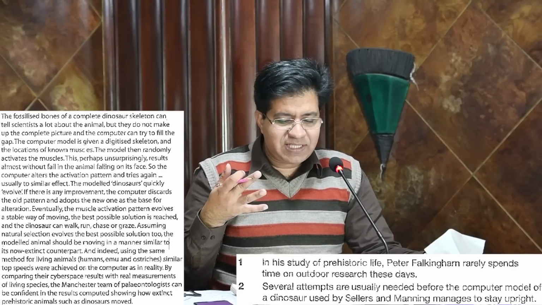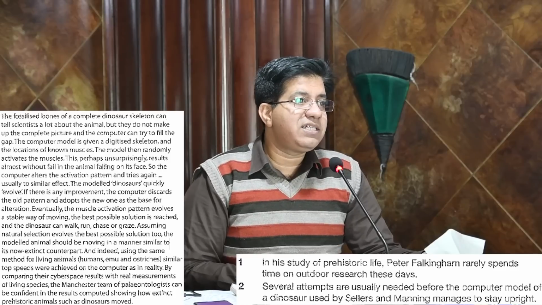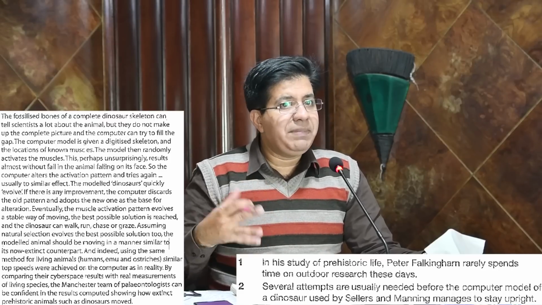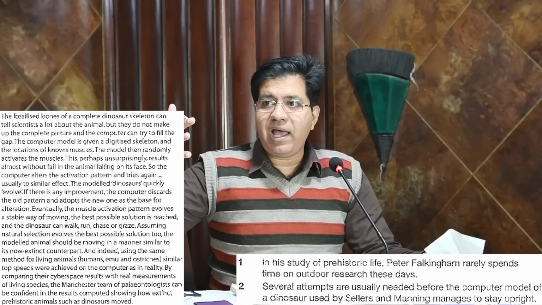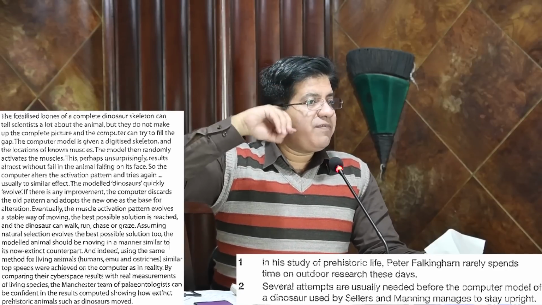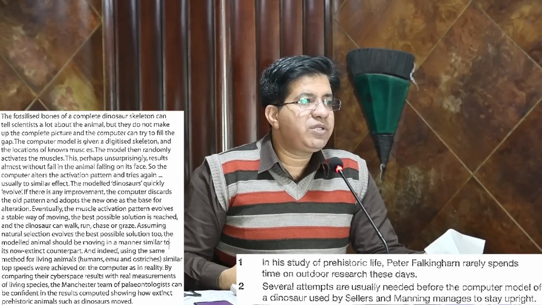Tries again means there are several attempts which are involved. What is the answer? True. How come not given? Tries again. When he tries again means several attempts. Attempt means try. Clear? Now please underline that very sentence and write there number 2. So the answer of question number 2 is there.